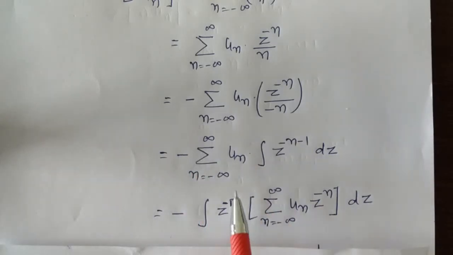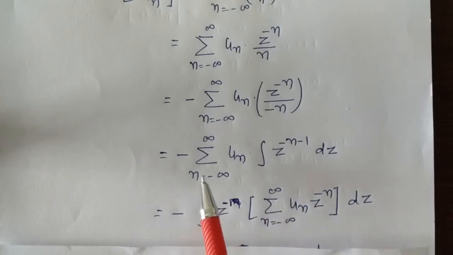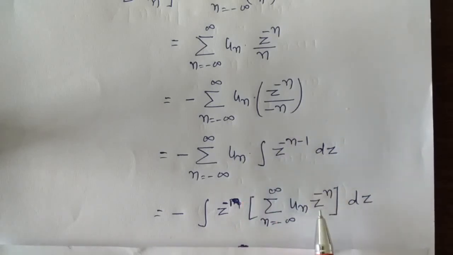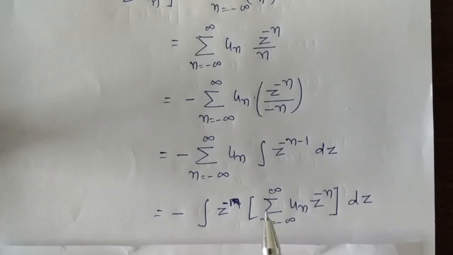This term z power minus 1 is free from n, so we can write it outside the summation: z power minus 1 into the summation n goes from minus infinity to plus infinity of u(n) into z power minus n dz. Now this summation of u(n) z power minus n, this is what? This is the z transform of u(n), which is given as U-bar(z).